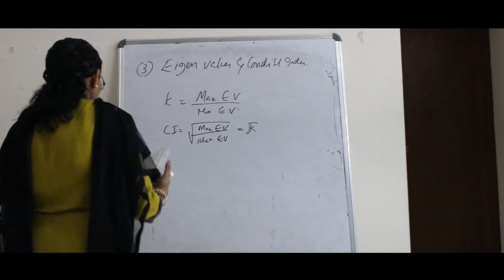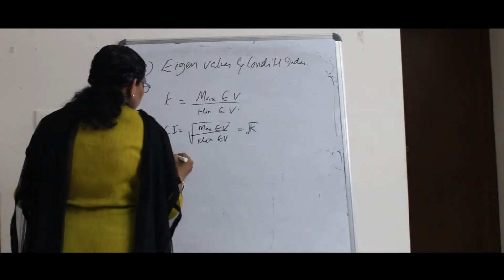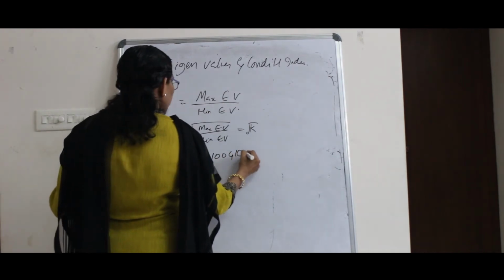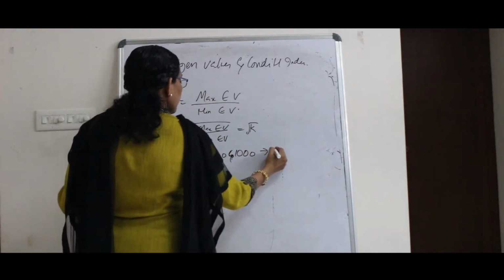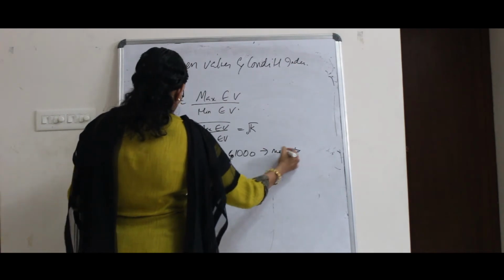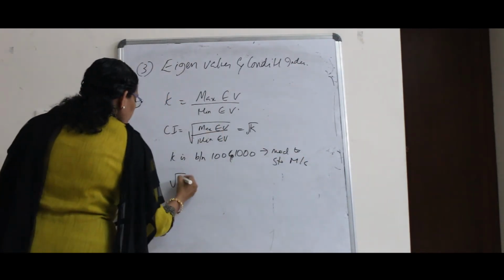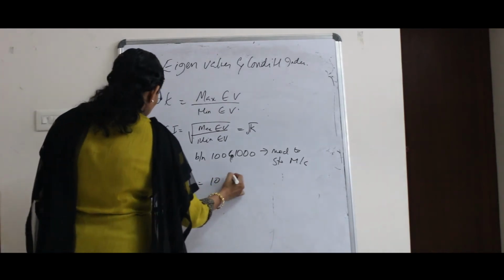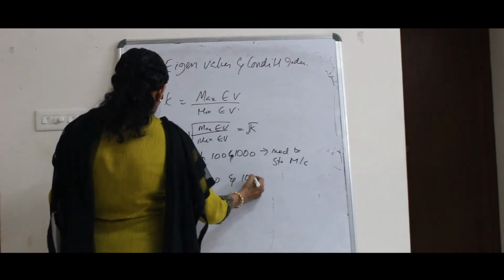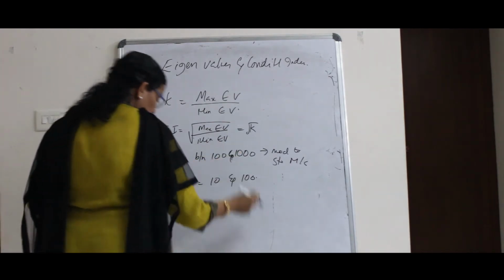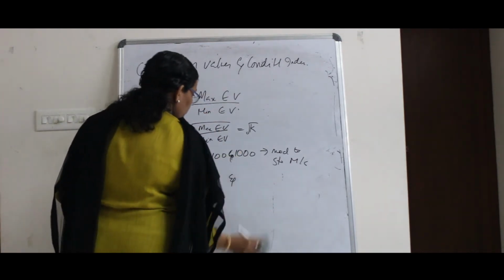If k is between 100 and 1000, we say there is moderate to strong multicollinearity. That is, if the square root of k is between 10 and 30.